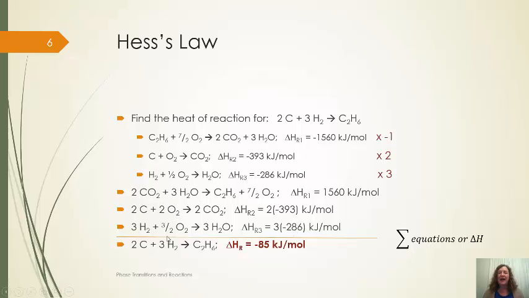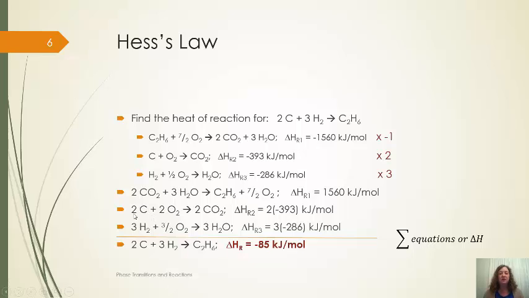Now, if I add these up, hopefully I'll get this reaction. So let's check that first. I have 2 CO2s, 2 CO2s. They're on opposite sides, so they'll cancel. I have 3 H2Os, 3 H2Os, they'll cancel. On this side, I have 2 and 1.5, so I have 3.5 oxygens. Over here, I have 3.5 oxygens.